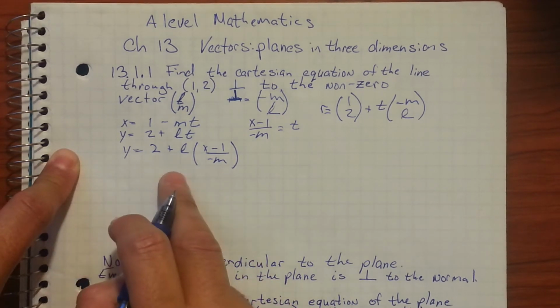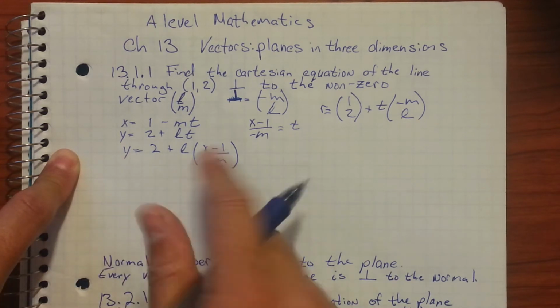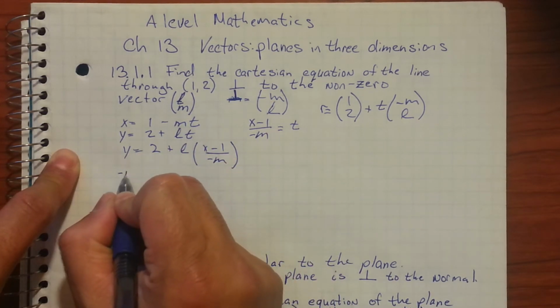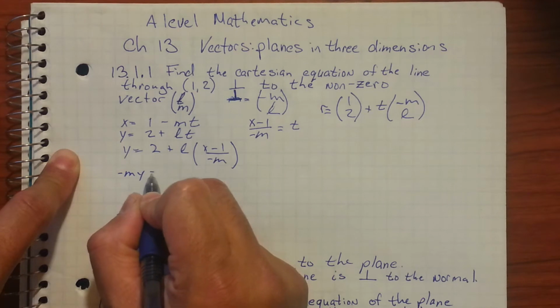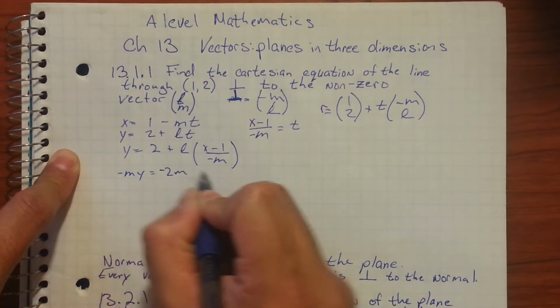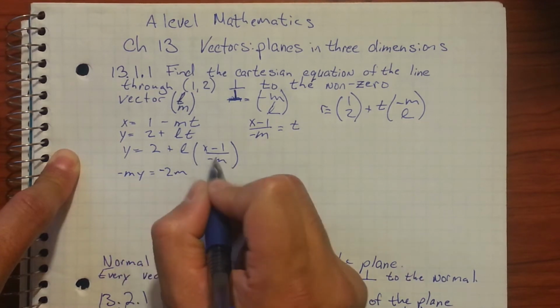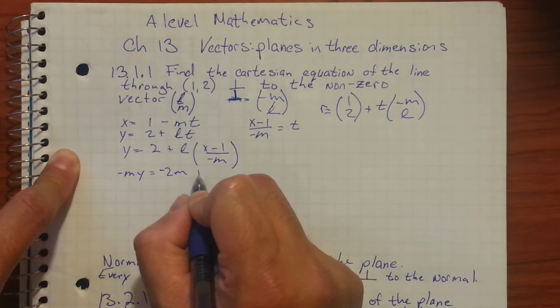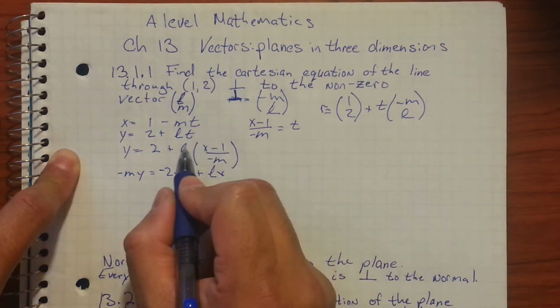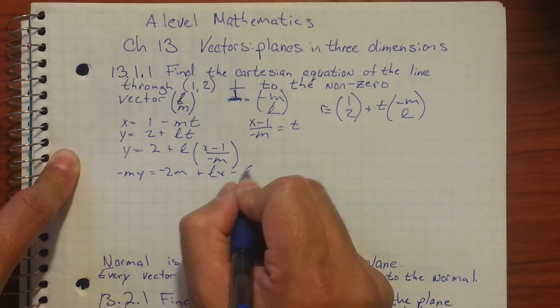So I'm going to get negative my equals negative 2m, and this is going to go away. I'm going to get plus lx as I distribute here, minus l.